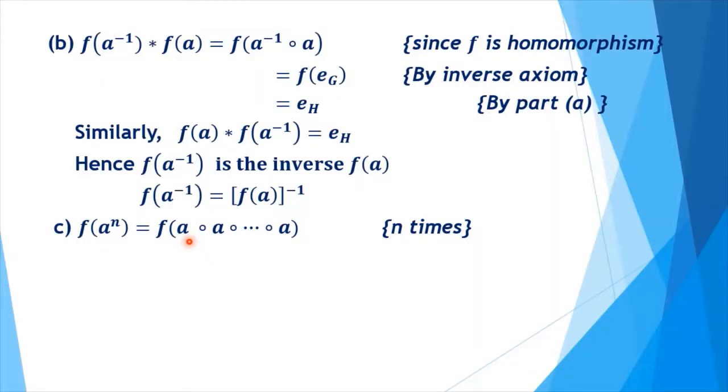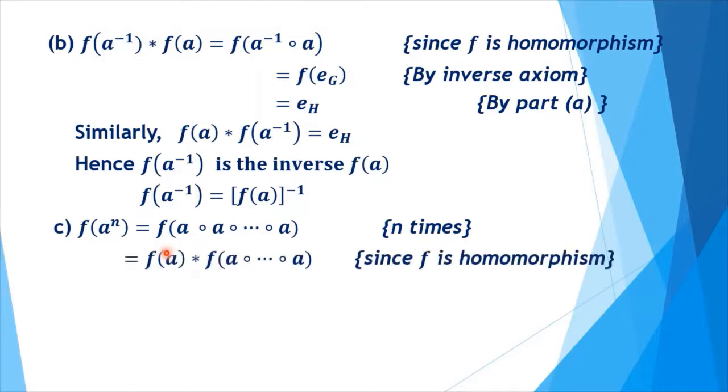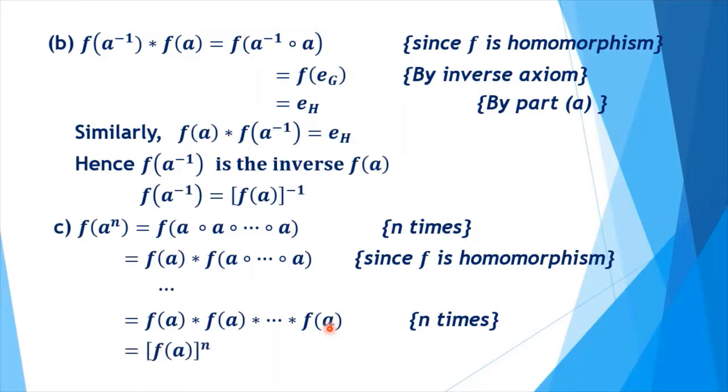Then, as f is a homomorphism, we can replace this by f of A star f of A dot A, where you have n minus 1 A's. Similarly, in this term also, you can write f of A star f of A dot A, n minus 2 times. Proceeding like this, you will have f of A star etc., f of A, n times. So, that is nothing but f of A whole power n.